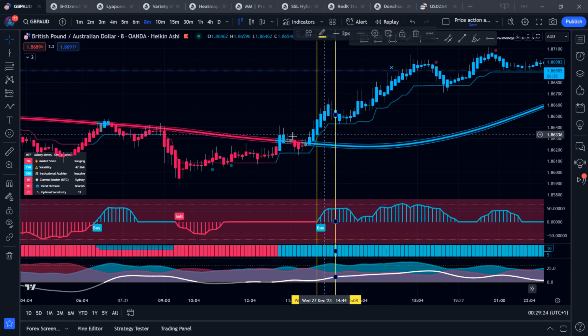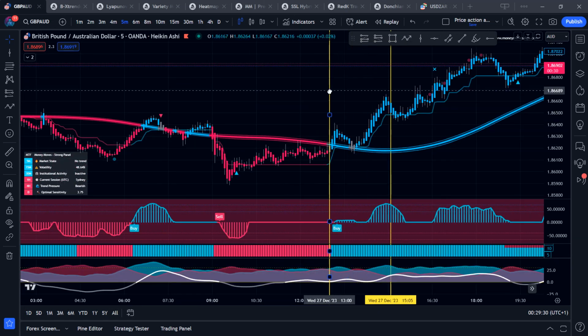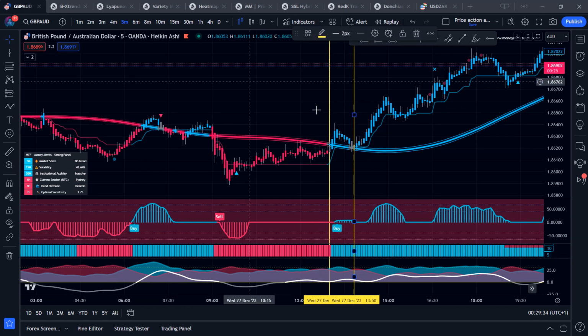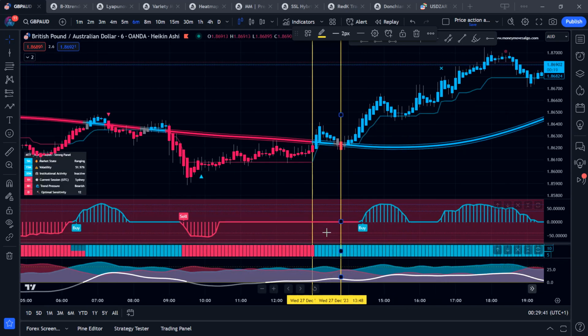For example, let's say we got a signal on the 5 minute, that would be here. And if you're not sure, you just go to the higher time frame and just wait for it to match up. But sometimes you can enter earlier.